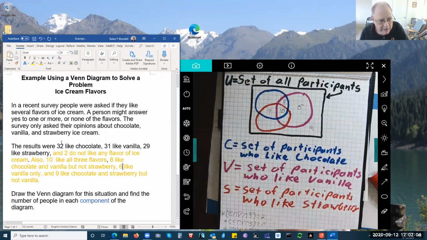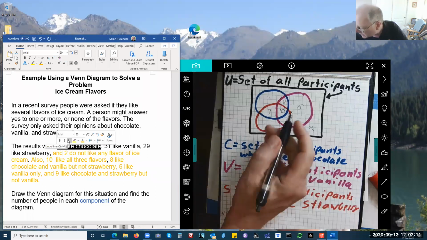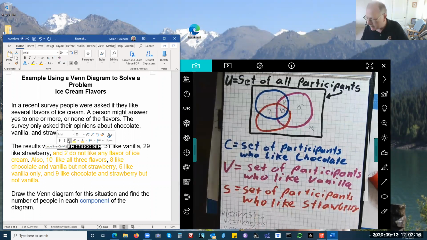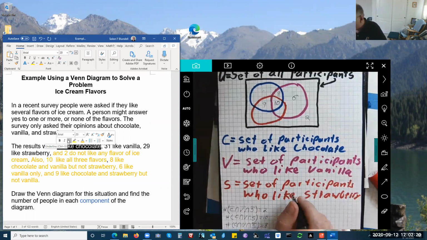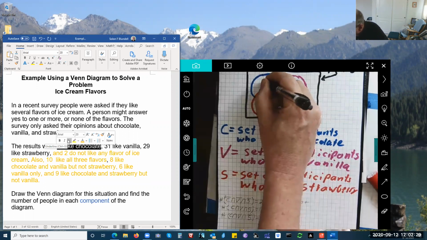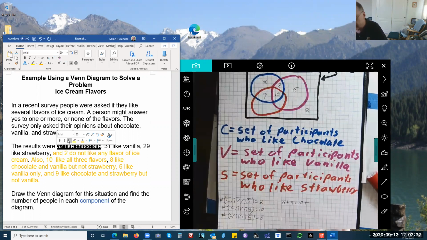So now maybe we can go back to this harder information. Now maybe some of it can be more useful. Like 32 of them like chocolate. So these 4 numbers here add up to 32. So 8 plus 9 plus 10 plus, let's call this X, equals 32.